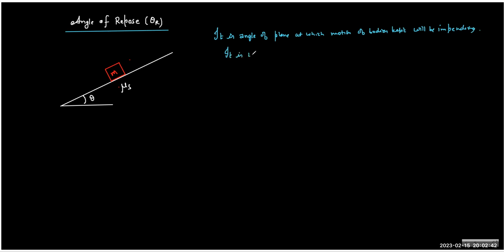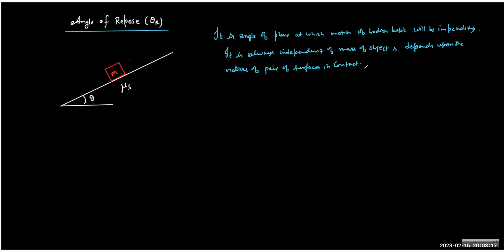It is always independent of the mass of the object and depends upon the nature of the pair of surfaces in contact.